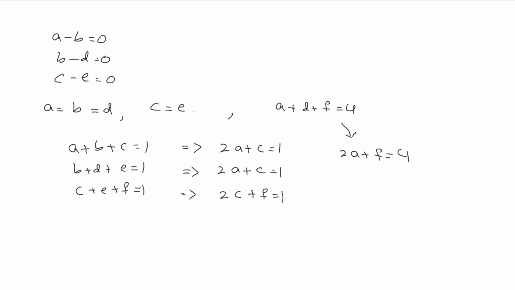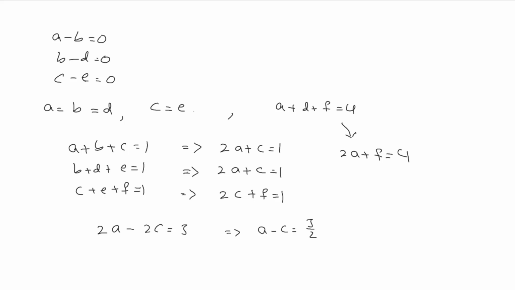Now by solving these two equations, by subtracting them, we get 2A minus 2C equal to 3, and this implies A minus C equal to 3 over 2.